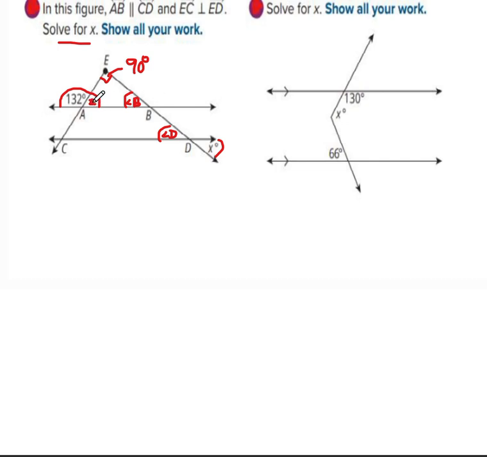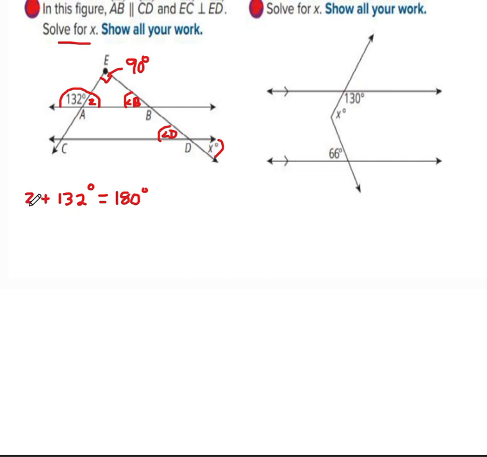We realize that angle Z and 132 degrees form a linear pair because they make half of a circle on a straight line. So I'm going to make a statement: angle Z plus 132 degrees must give me 180 degrees, because angles on a straight line forming half of a circle are linear pairs, and linear pairs add to 180 degrees.